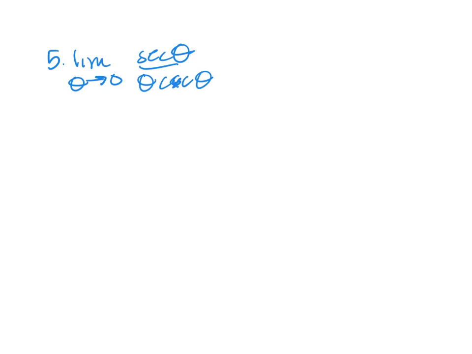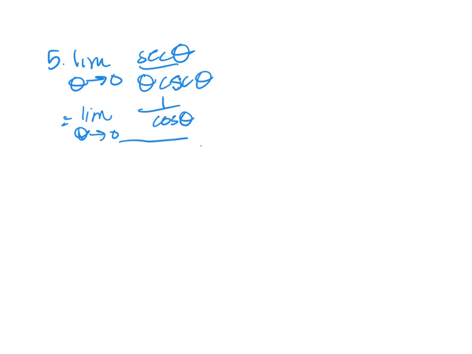Yeah, I suppose I should make that look like an S. Okay, so again, the first thing you want to do whenever you have things in terms of secant, cosecant, tangent, cotangent, you want to convert those to sine and cosine. So what we will have here is the limit again, and I'm going to rewrite those in terms of secant is 1 over cosine.